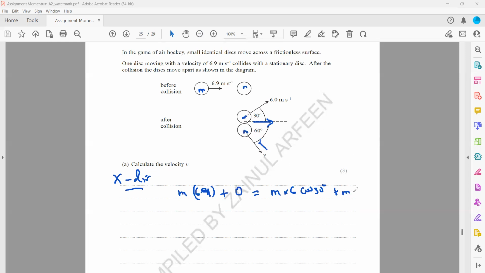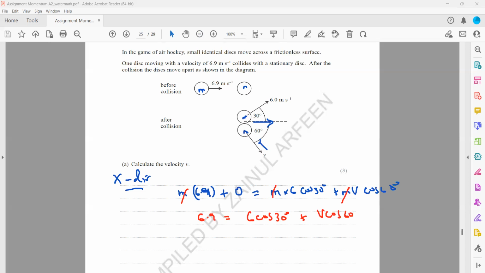So the mass will be m, the velocity will be v, and it will be cosine 60. m is common, so m will cancel out. Then we are left with 6.9 equals 6 cosine 30 plus v cosine 60.